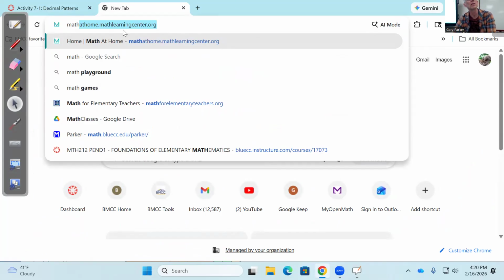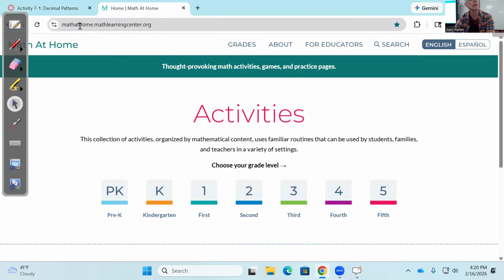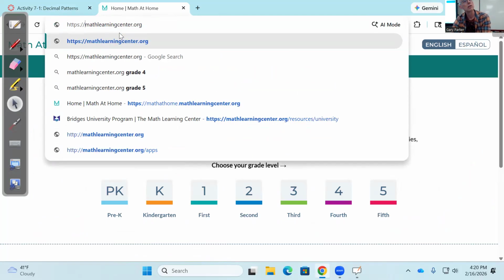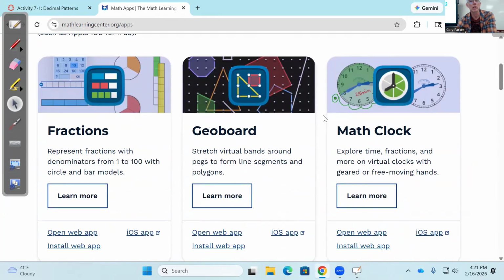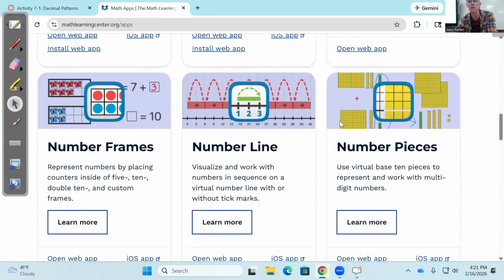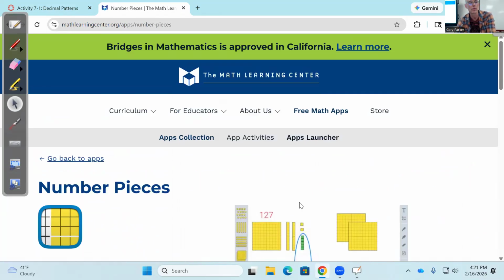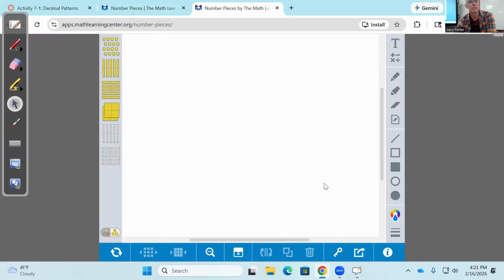Is that it there? No, that's not it. Here. Free math apps. Yep, it's the one I want. Fractions, number chart, number pieces. There we go. The web app. All right, choose this version.